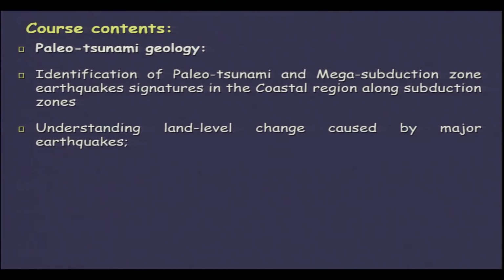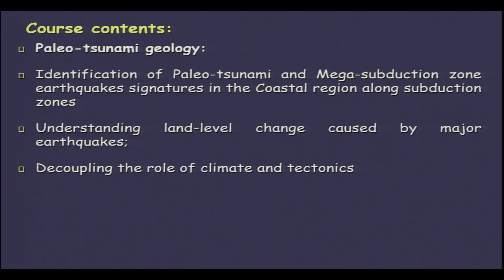So, land level change: what are the reasons for that? We will talk about this in this part. Decoupling the role of climate and tectonics, because change in the climate will also change the environment, and the geological markers which we are trying to focus on are in the sediments, that is, a change in the environment.